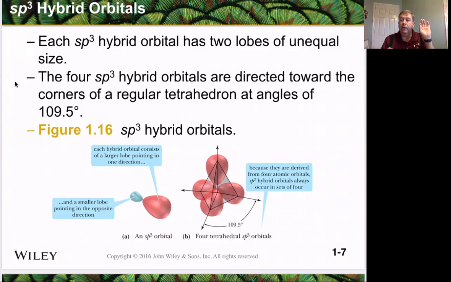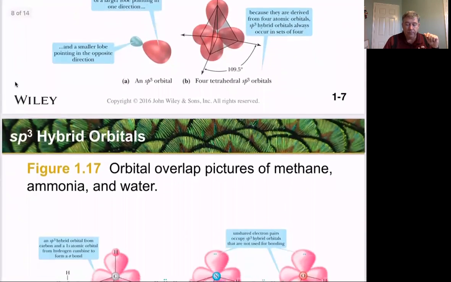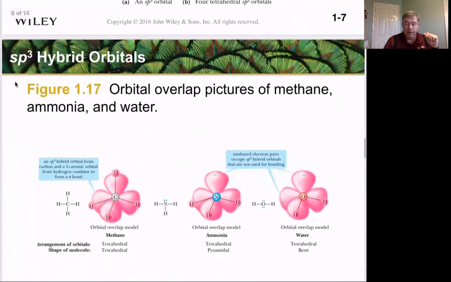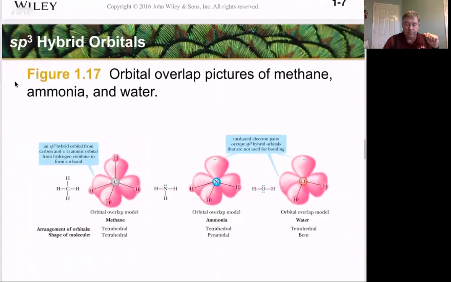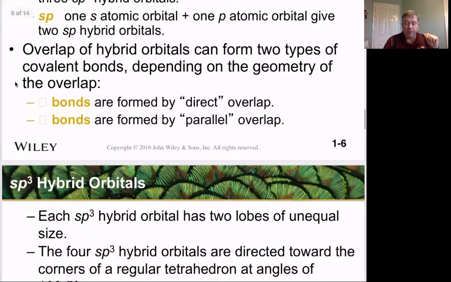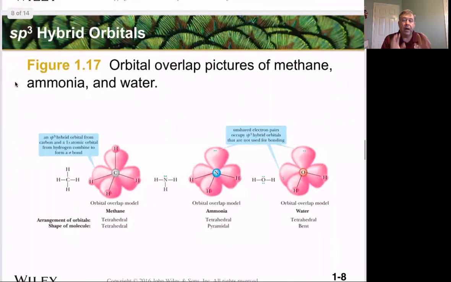So if we took the s orbital and all 3 p orbitals and blended them together, each of those orbitals now has 25% s character and 75% p character, okay? So what would it look like if we started moving those around and we actually bonded things to them?